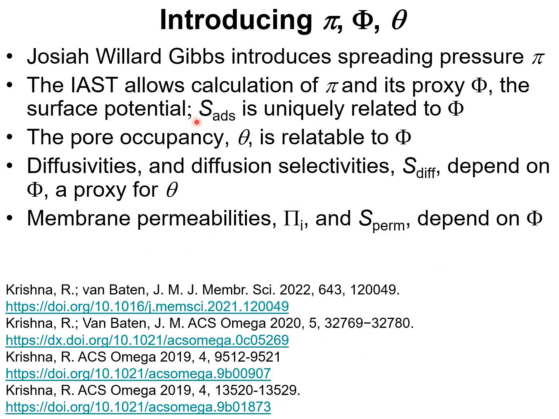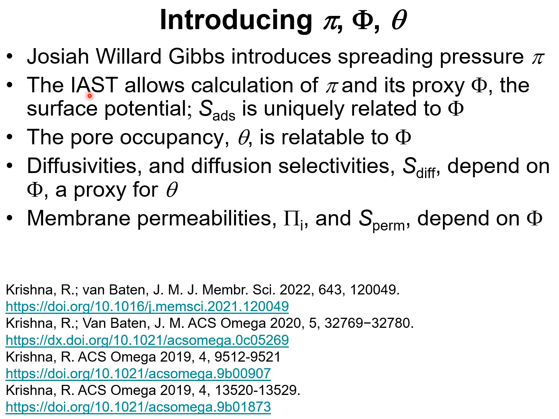In developing our fundamental approach to describing mixture permeation across microporous membranes, we introduced three parameters: pi, phi, and theta. Pi is the spreading pressure introduced by the great thermodynamicist Josiah Willard Gibbs.